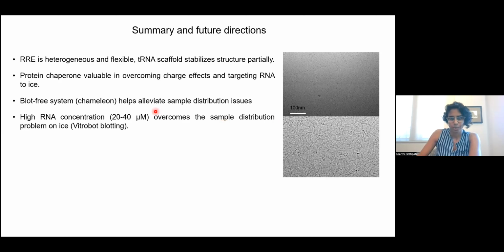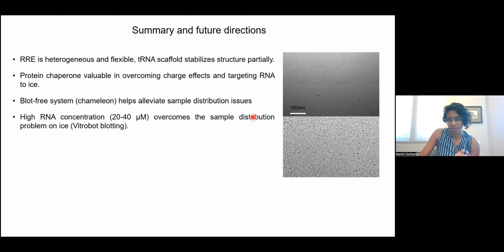While we've been working after NC-CAT, we've also been continuously working with this RNA at home to come up with methods to have good sample distribution using normal blotting approaches. Now with a very high RNA concentration, we seem to have overcome most of the sample localization problems.